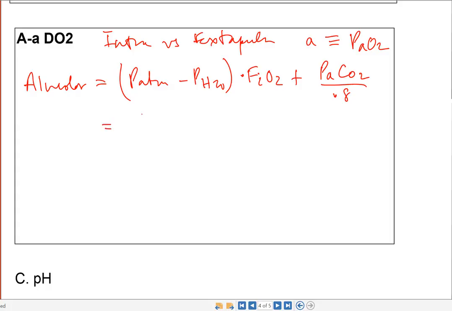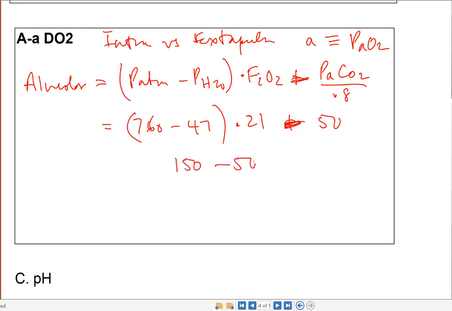So when we actually fill in the numbers for that, at sea level our atmospheric pressure is about 760, and our normal expected water vapor is about 47, with an inspired oxygen of 0.21. And CO2 is normally about 40, so 40 over 0.8 is about 50. That's a minus, not a plus. So when we do the math on that, that boils down to 150 minus 50 equals about 100.